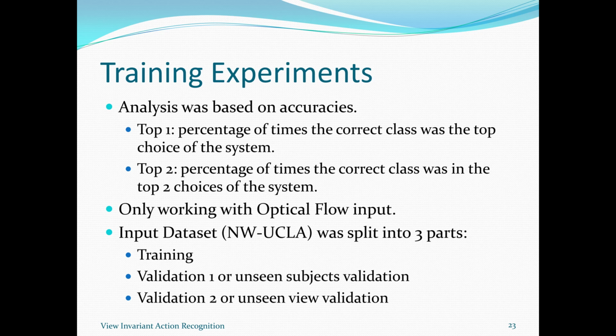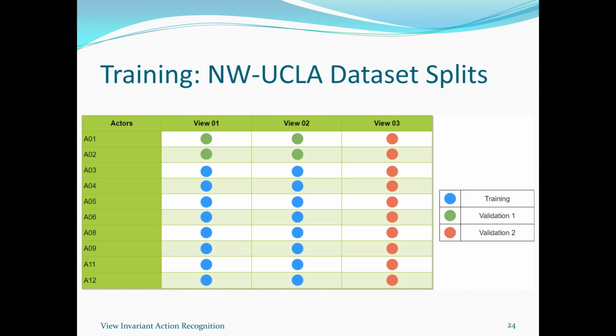And the input data set, Northwestern UCLA, was split into 3 parts: training, validation 1, and validation 2. In this table, here we have all the actions, the number 1 to 12, but then 2 of them are missing. That's how they named it initially. And V1, V2, V3. The blue ones are the training. They're from 2 viewpoints and 8 actors. Then we have validation 1, which are these two actors, these two viewpoints.